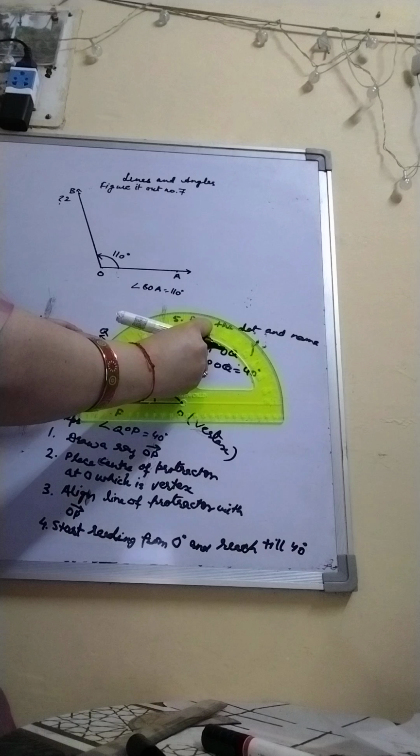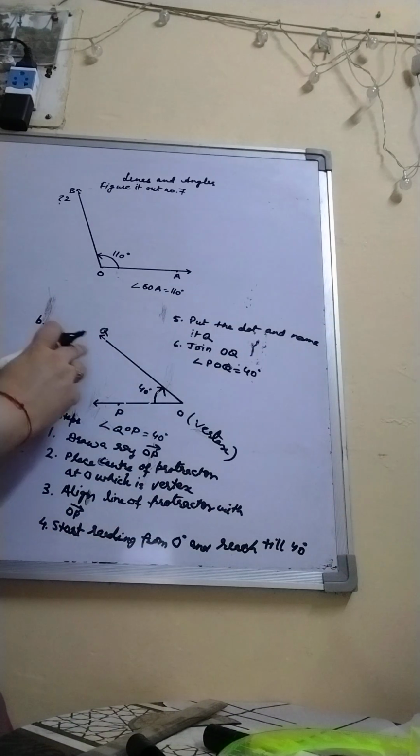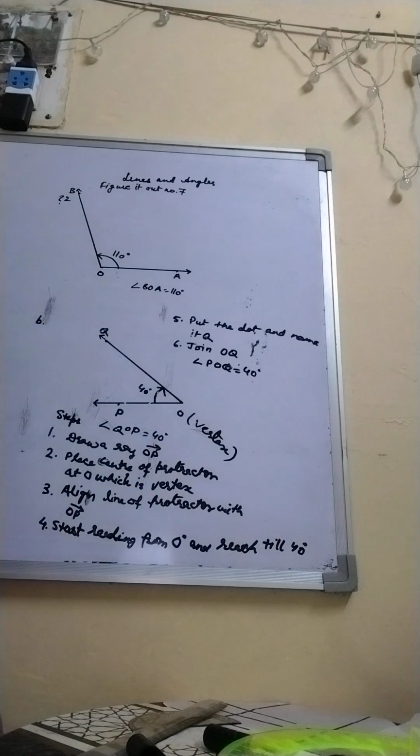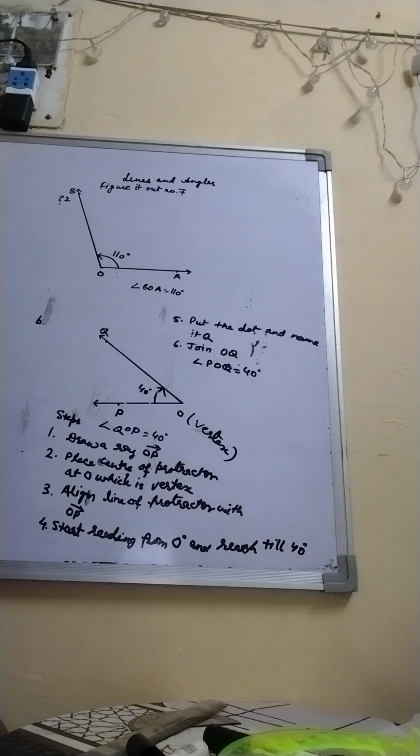Put the dot at 40 degree and then name it first. Suppose this is Q and then join OQ. Your angle POQ is equal to 40 degree. So this is how you have to do the steps of construction of angle.